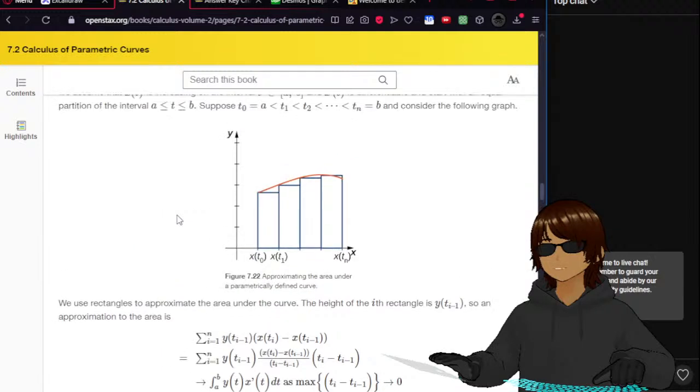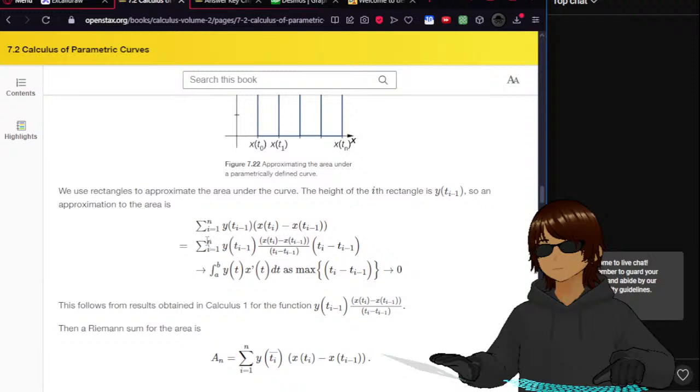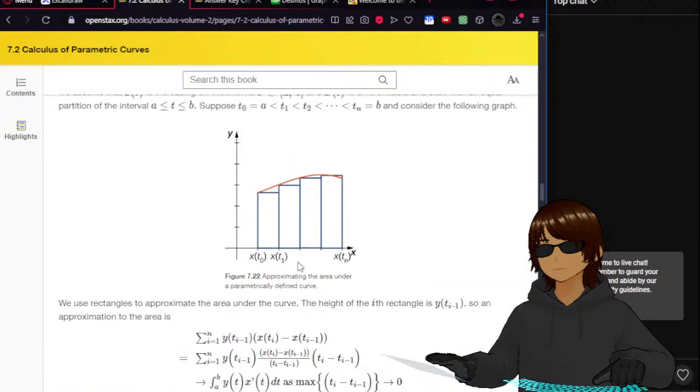So an approximation to the area is, let's see what they're doing here, y(t(i minus 1)) times x(t(i)) minus x(t(i minus 1)). So this width times this height.